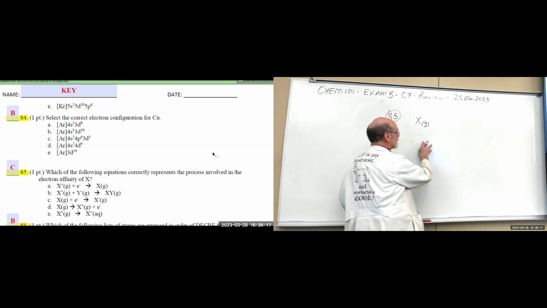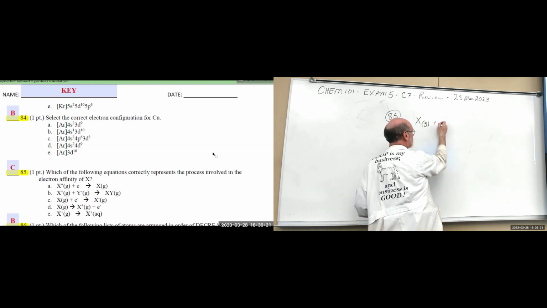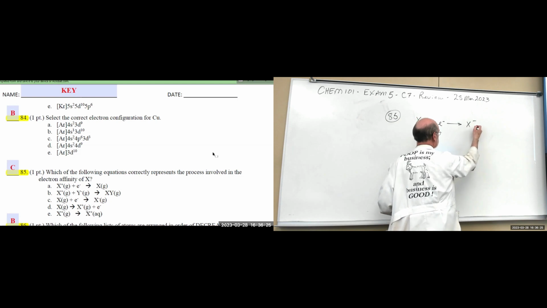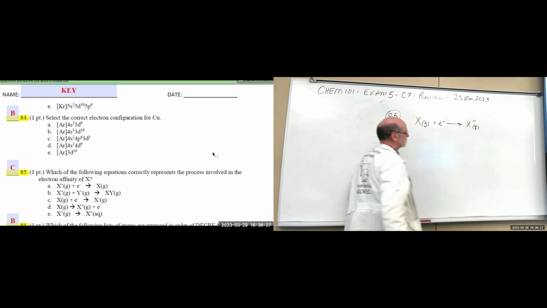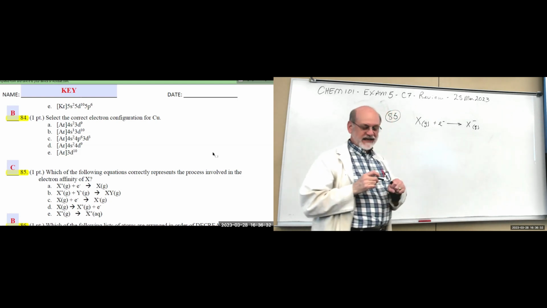And that value would be meaningless. So it's going to accept an electron as a gas and produce a negative ion as a gas. Right? And that's C. That's electron affinity.